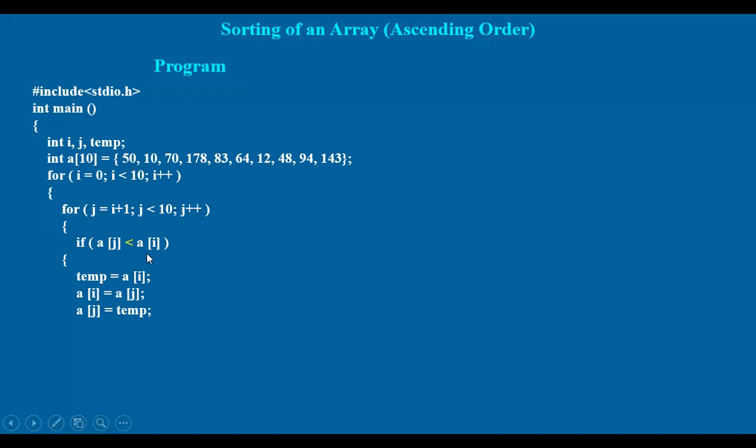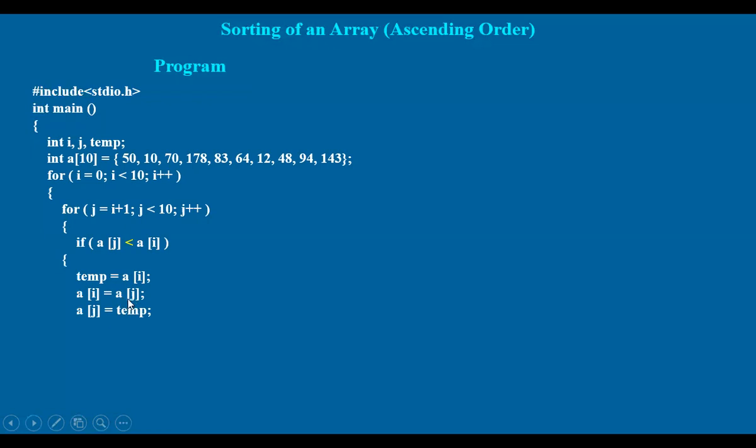So if you see the logic here, suppose A[i] is 50, A[j] means i plus 1, that is index 1, 10. So 10 is less than 50. So we have to take this 10 as the smallest number. That's why this 50 is taken as the temporary number. That is, we want to keep it aside for the time being.